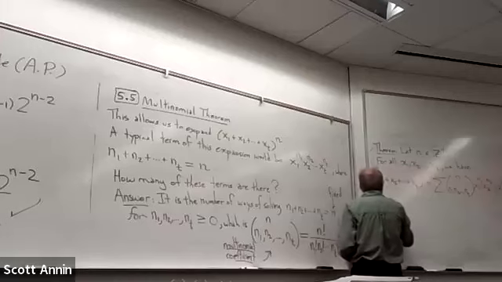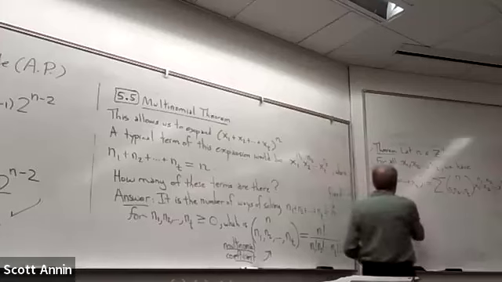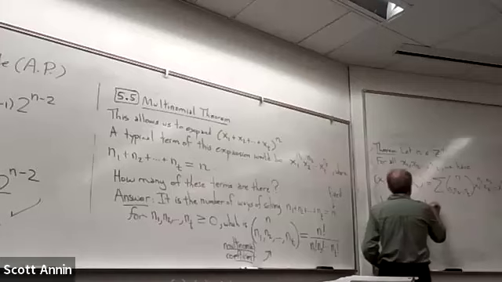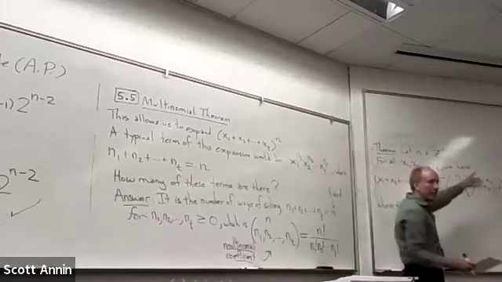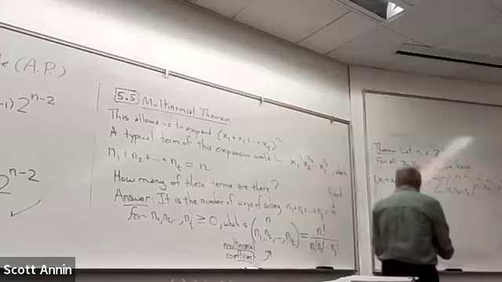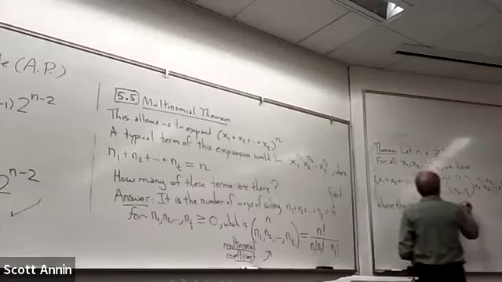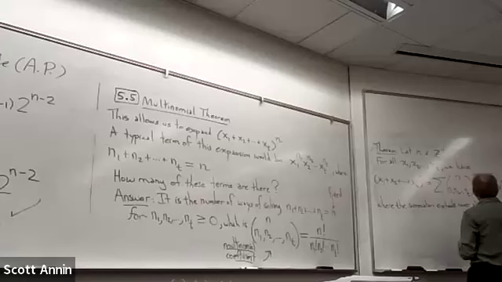Where, I have to explain this a little bit, the summation, you notice I'm not summing from something to something here, I'm just writing this kind of abstractly as a sum.